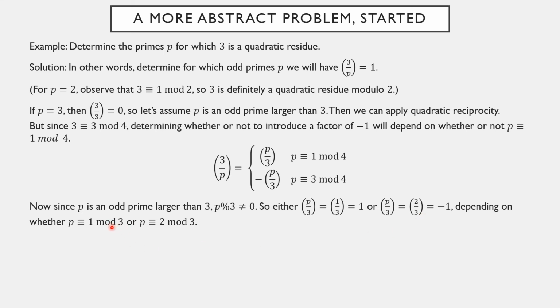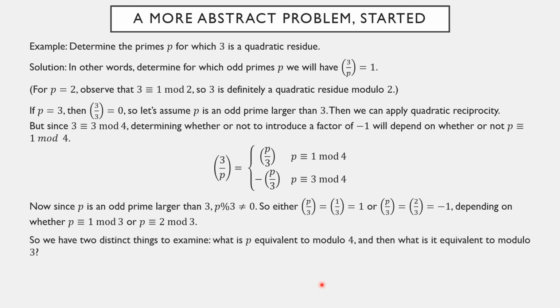So if p is equivalent to 1 mod 3, this Legendre symbol will be 1. If p is equivalent to 2 mod 3, this Legendre symbol will be negative 1. So we have two distinct questions to ask. What is p equivalent to modulo 4? And then, what is p equivalent to modulo 3?